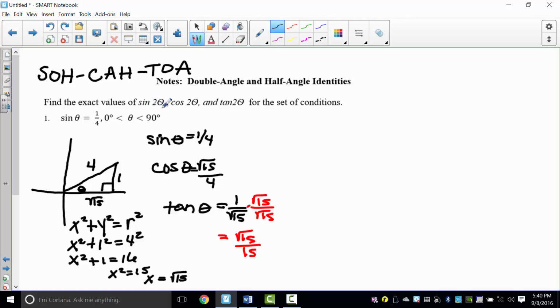Now, to find sine 2 theta, you simply go to your cheat sheet, and the formula for sine 2 theta is 2 sine theta cosine theta.